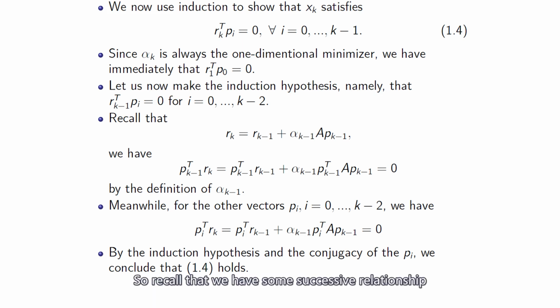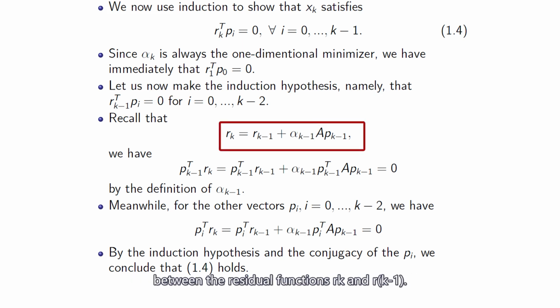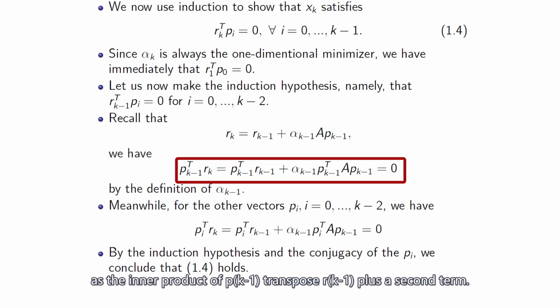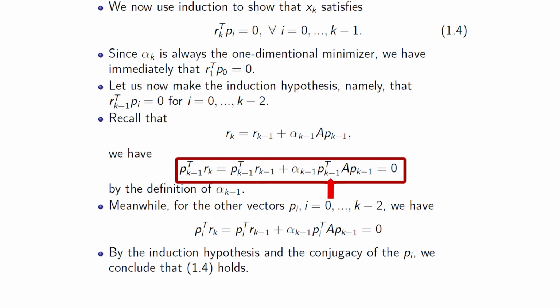So recall that we have a successive relationship between the residuals rk and rk minus 1, and we have that pk minus 1 transpose rk can be rewritten as the inner product of pk minus 1 transpose rk minus 1 plus a second term. If we take a look at the second term here, it is somehow pk minus 1 transpose A pk minus 1.